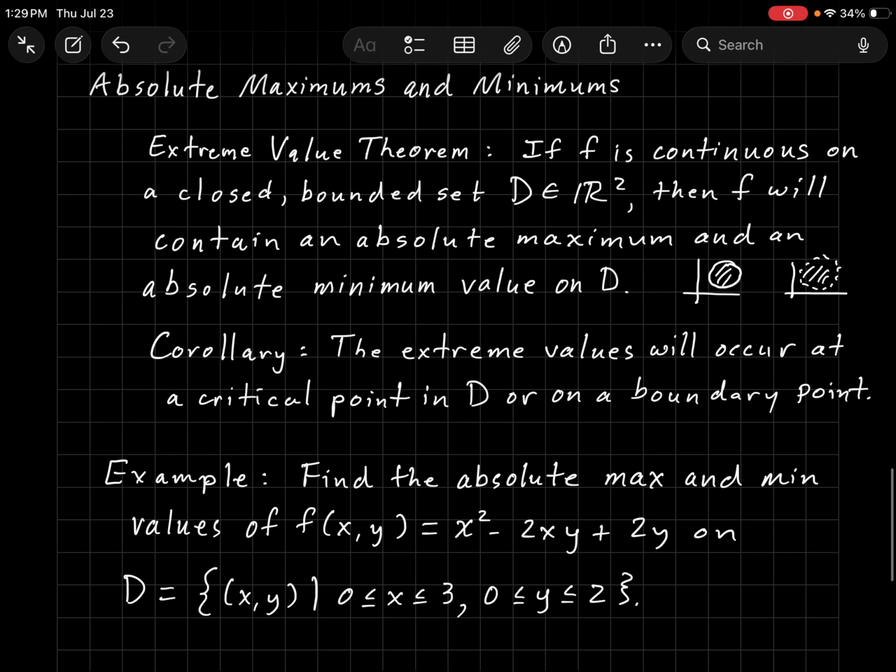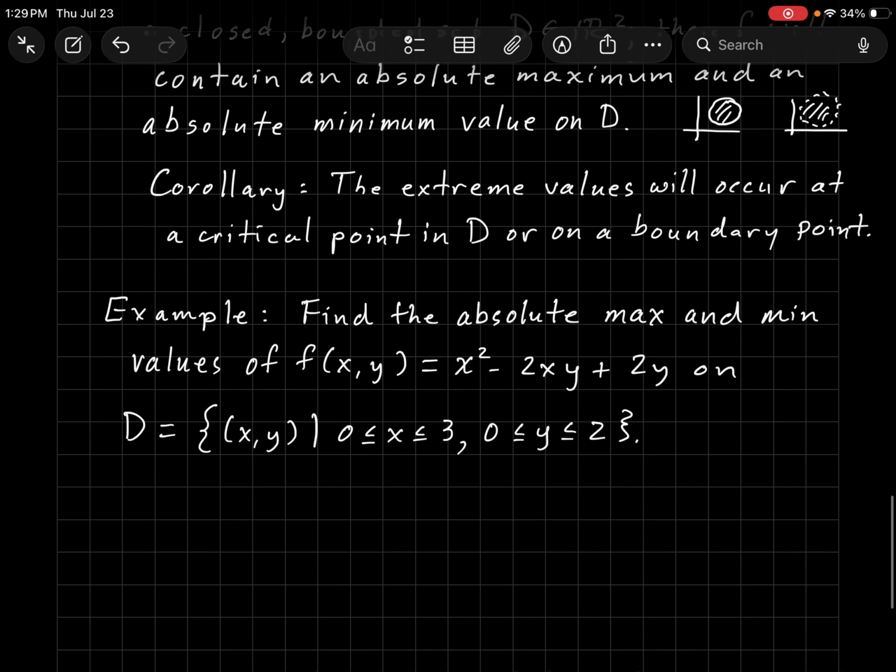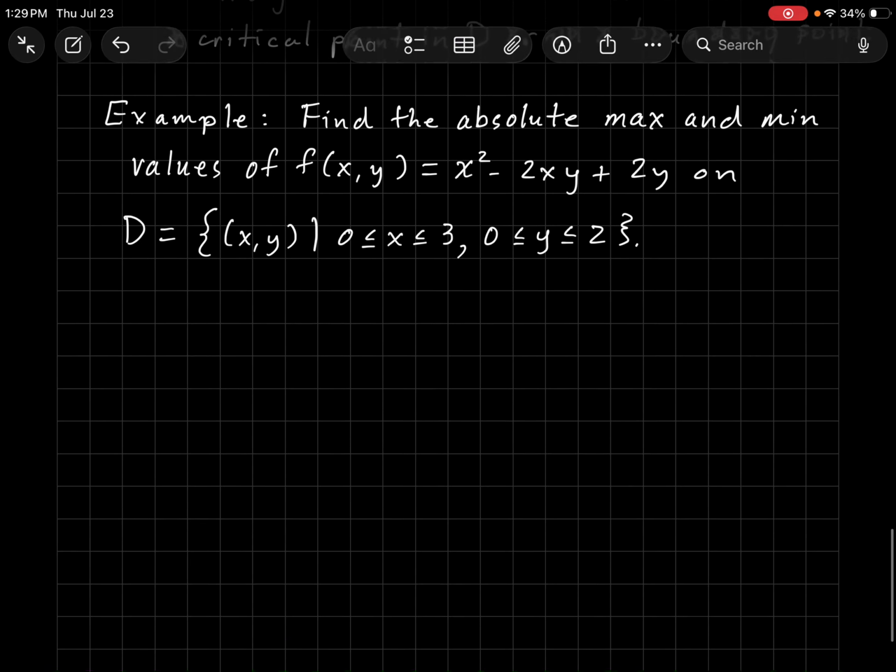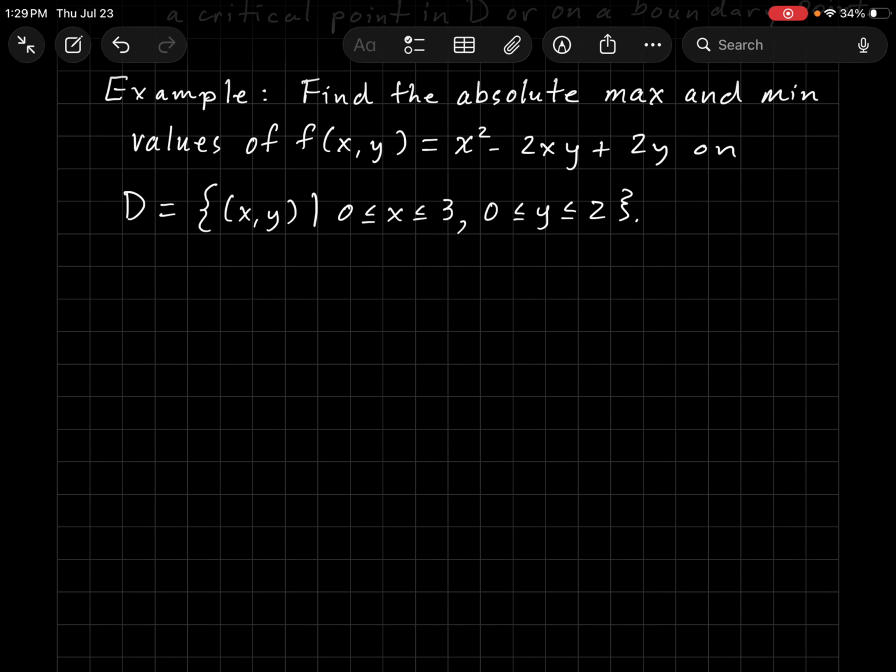where we want to find the absolute max and min values of f of xy equals x squared minus 2xy plus 2y on the domain all x's and y's such that x is between 0 and 3, y is between 0 and 2. I'm going to draw a picture of that. I want to see my domain. So x is, say, 1, 2, 3, y is 1, 2.